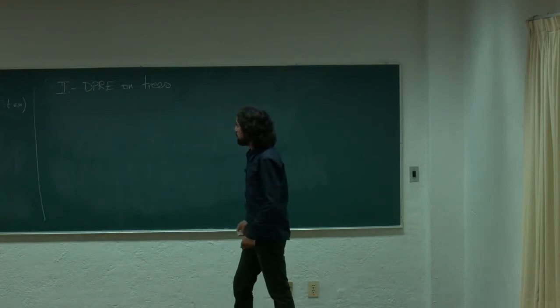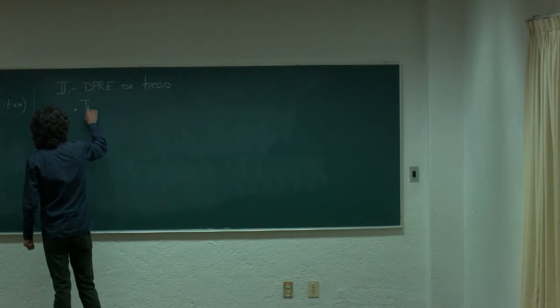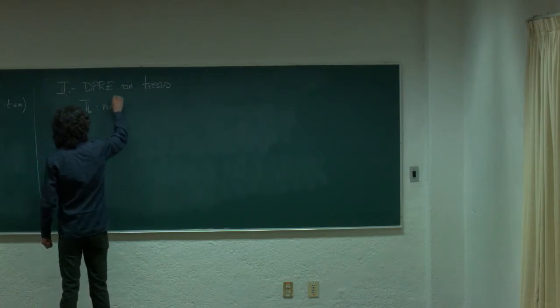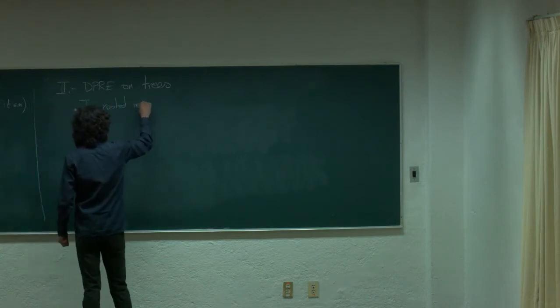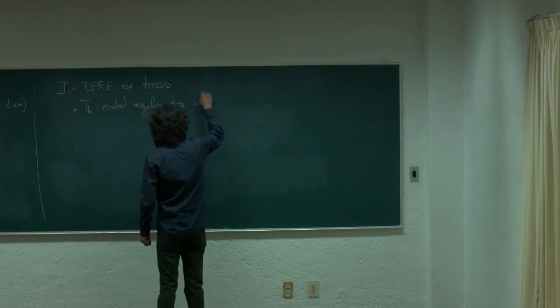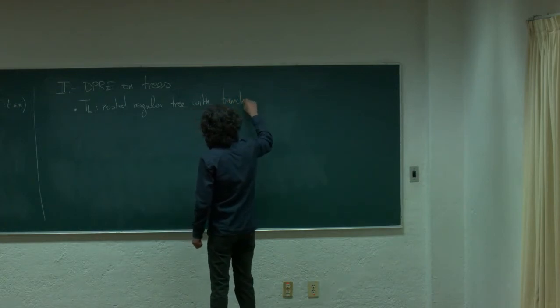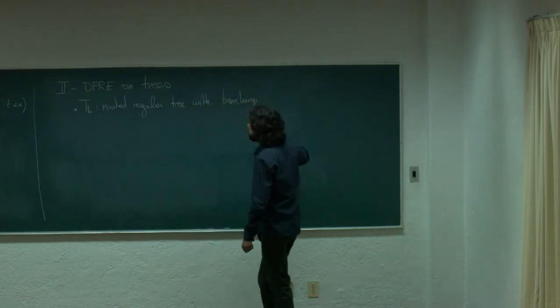Okay, so now we consider T_B, a rooted regular tree with constant branching number equal to B.